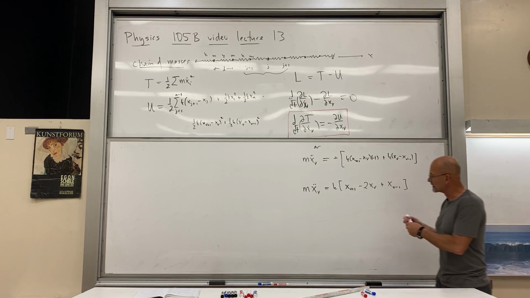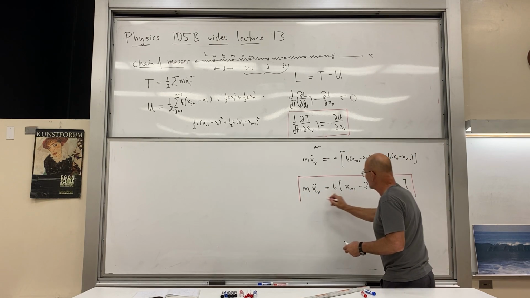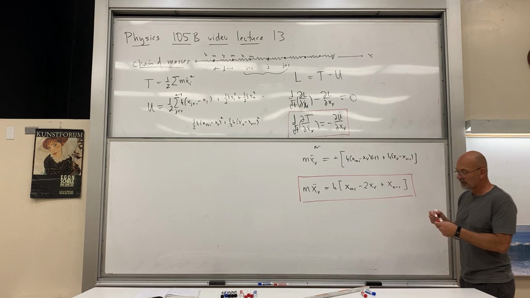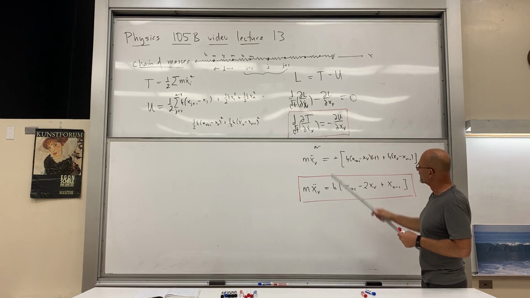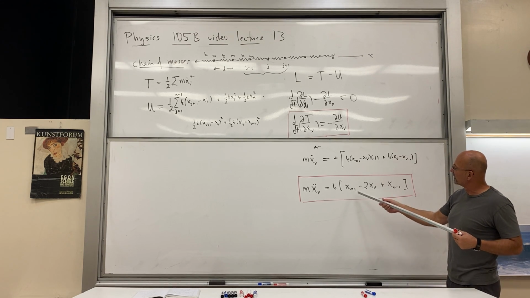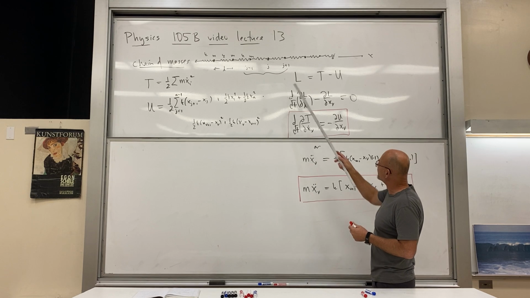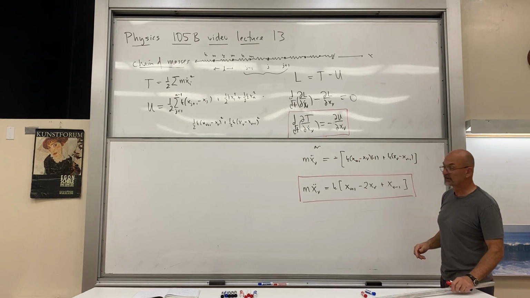So let's put a box around here. There's our equation of motion for some arbitrarily chosen mass on this chain somewhere in the middle. And mass times acceleration, the force depends on the relative positions, or the position of itself and the other two as well. So that makes complete sense.